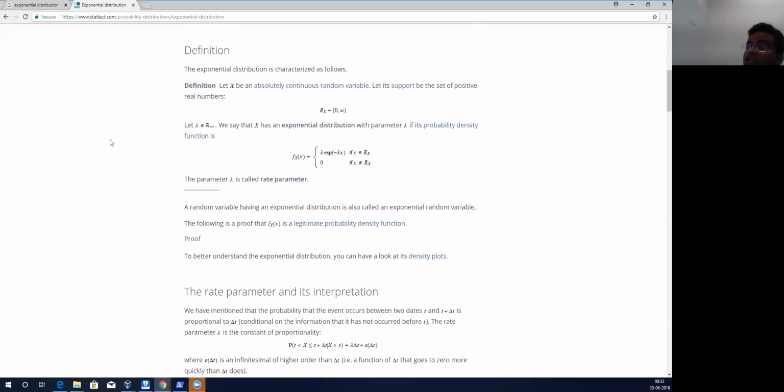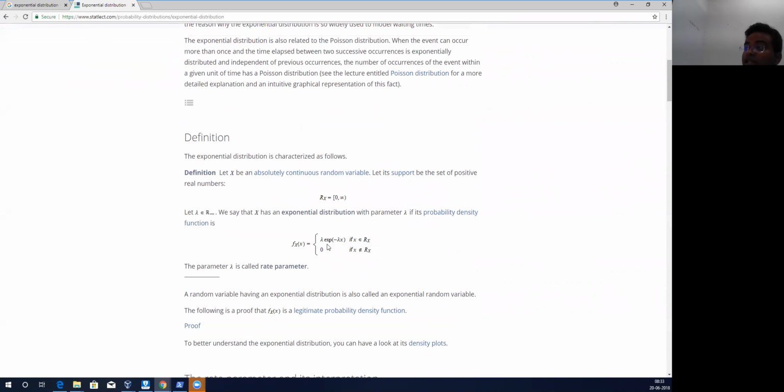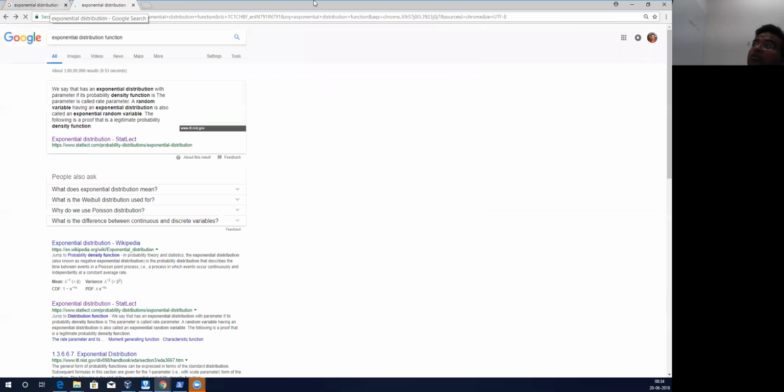So you can see here, this is one of the exponential functions. If you have to draw it, you basically would write it like this.